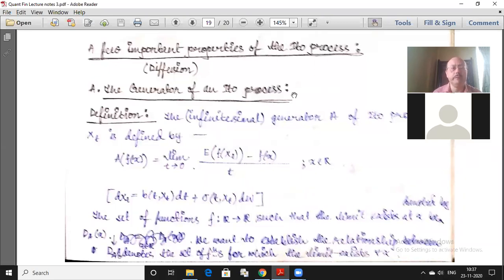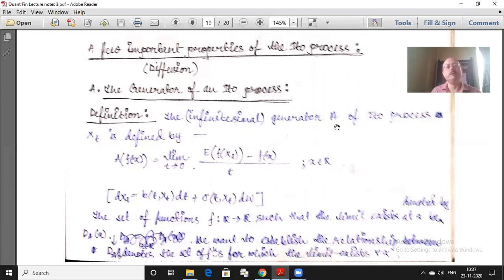So, first two moments. The generator of an Itô process is essentially the model of the rate of change. This is called the generator or the infinitesimal generator, which is denoted by the symbol capital A.